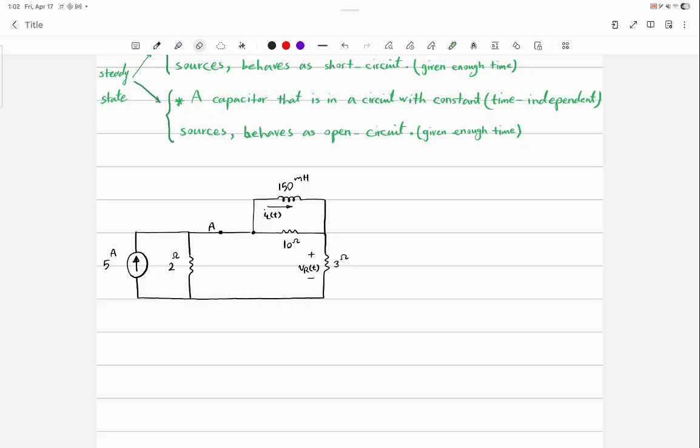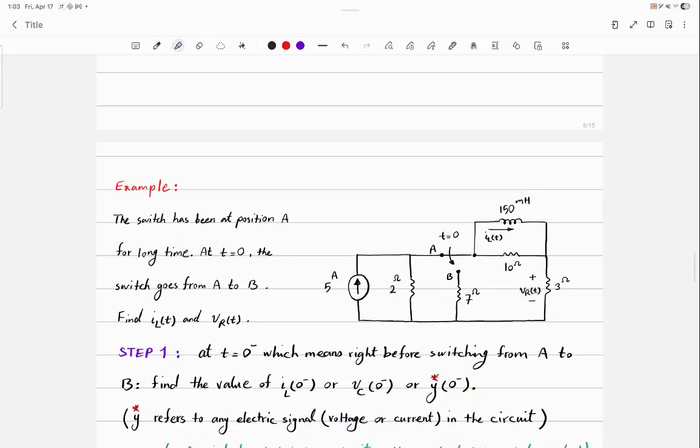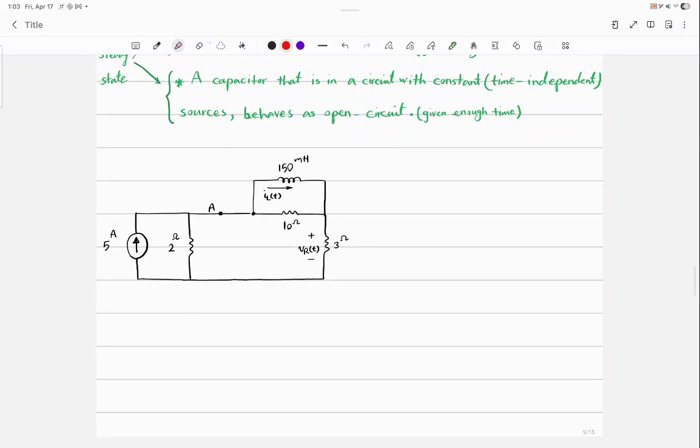Which element do you hate the most? No, current sources are very good. The inductor, right? That's the one giving you a headache. So focus on that one. Can you replace it with something? Yes. Remember, for a long time, it's been in this position. So everything is in a steady state and DC form. So what can I do? I can replace this guy with a short circuit.